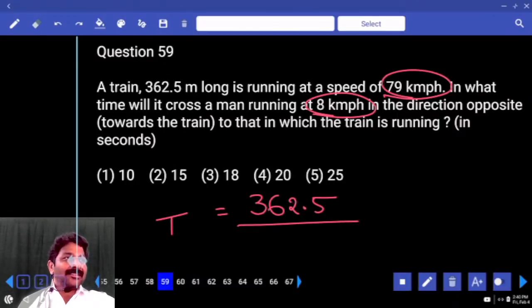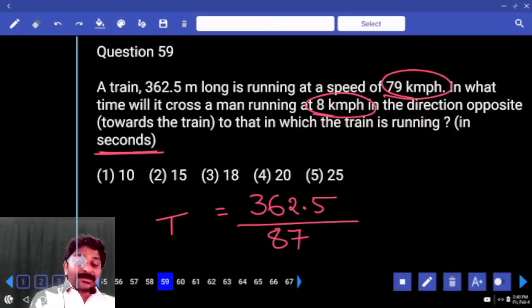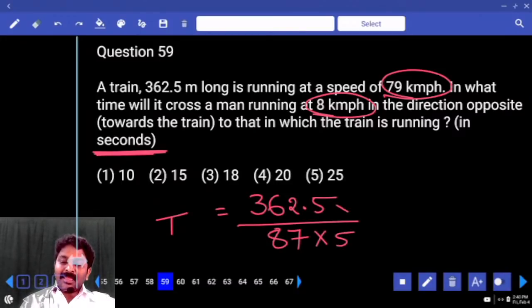79 plus 8 is 87 kilometer per hour, correct. But our numerator 362.5 is in meters. Answer must be in seconds. Then you must convert kilometer per hour speed to meter per second by multiplying with 5 by 18, correct.